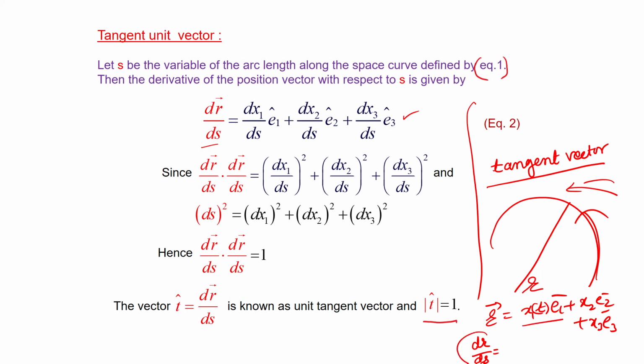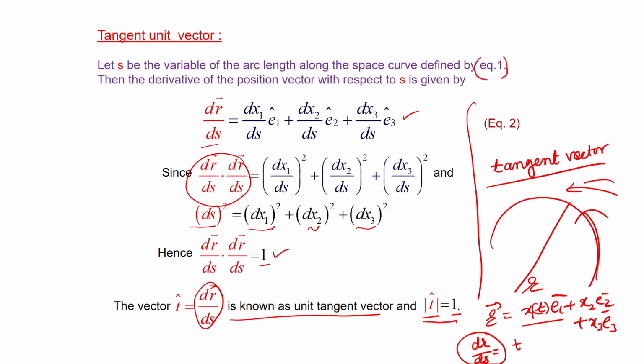So we are going to find dr by ds. Dr by ds is nothing but the tangent. We are going to prove it. The magnitude, if you take the dot product, ds square is nothing but dx1 square plus dx2 square plus dx3 square in 3 dimensions. Then the magnitude of dr by ds is equal to 1. So we can say that this is known as the unit tangent vector and its magnitude is 1.